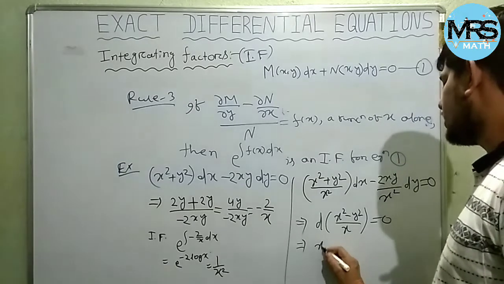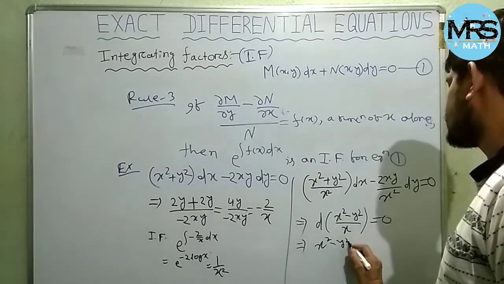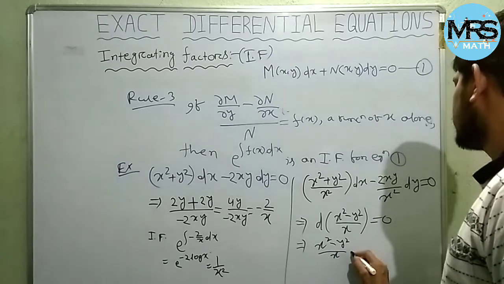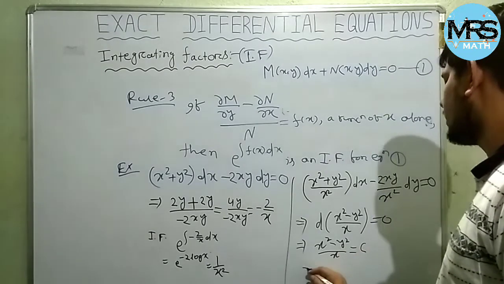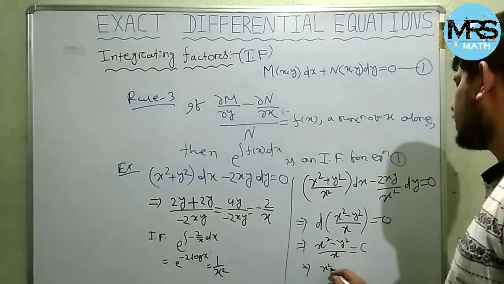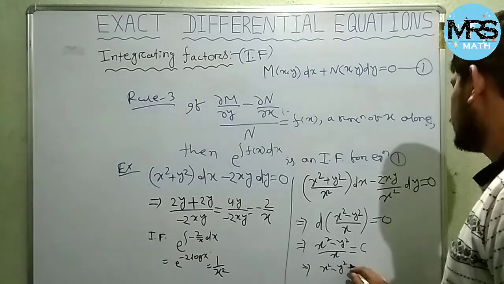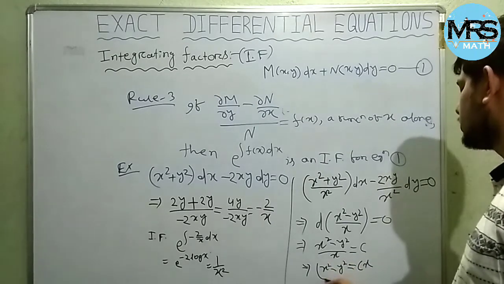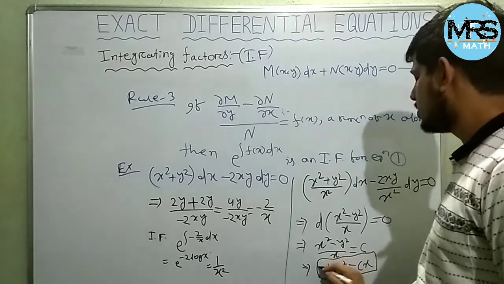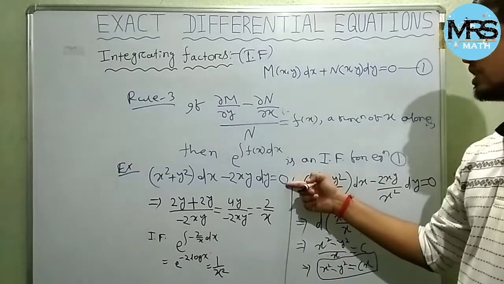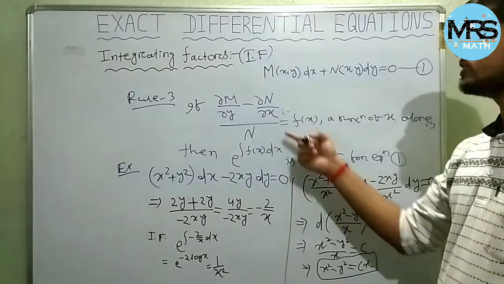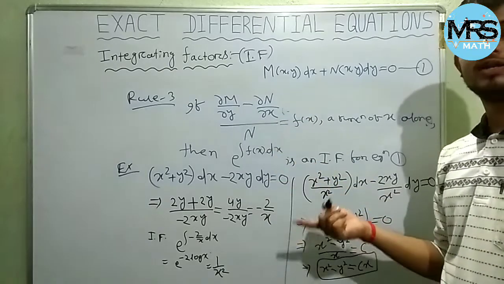So what we will get, that is x square minus y square over x, it will come as c, right? Now x square minus y square will be cx. So this will be the solution for this differential equation, and we solve it by using rule number 3.